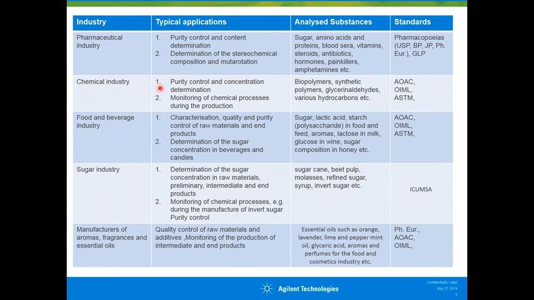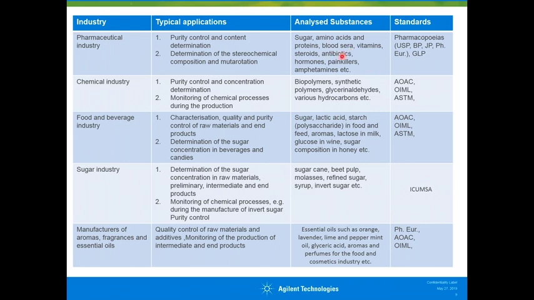Let's discuss industry wise what the applications of a polarimeter would be. In the pharmaceutical industry, purity control, content determination, and determination of stereochemical composition are of utmost importance, because sometimes there are active pharmaceutical ingredients of which one enantiomeric form is harmful to the body and the other one is not. So it is extremely important.